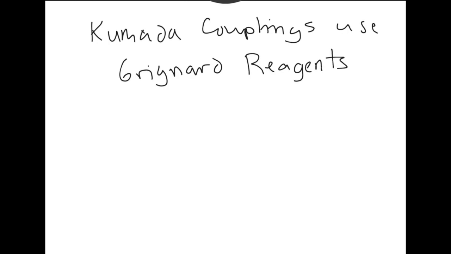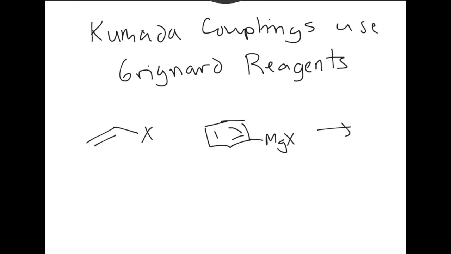You take your halide and react it with a Grignard reagent and palladium 0, and that will make your new bond, right? So this guy is this guy, and this guy is this guy. So as opposed to using a zinc reagent or a tin, you're using a Grignard.